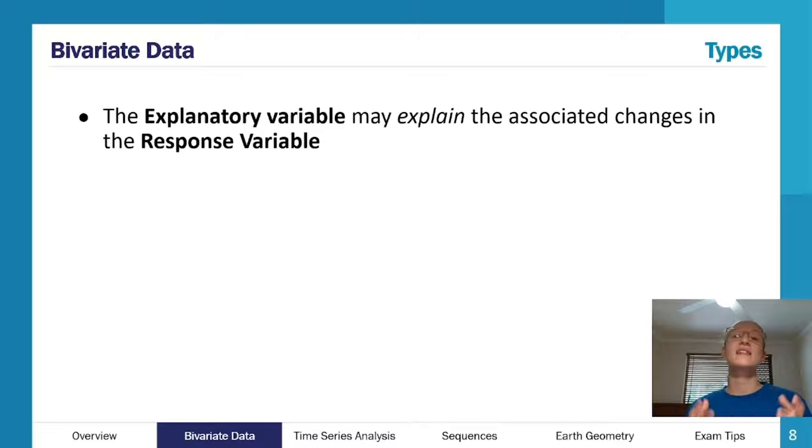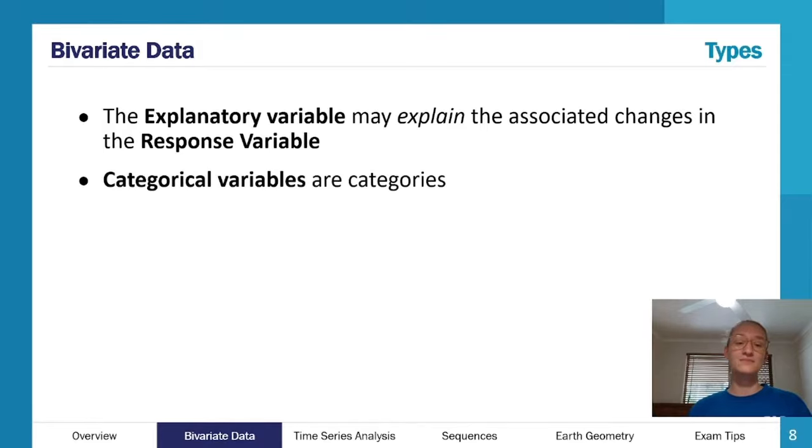Put into a sentence, the variation in temperature may explain the associated changes in ice cream sales. The changing temperature is what I think is causing the difference in my ice cream sales, which makes sense because on really hot days, you'd expect more people to want to buy ice cream.